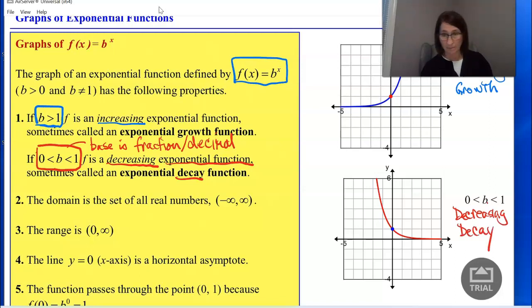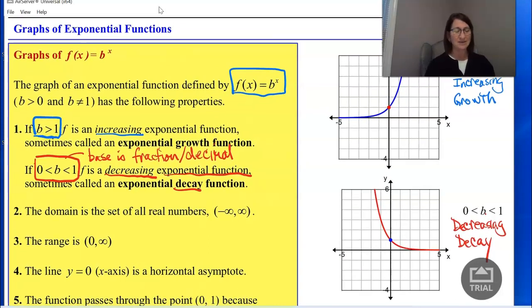The domain for both of those functions is all real numbers. The range for both of them is from 0 to positive infinity.